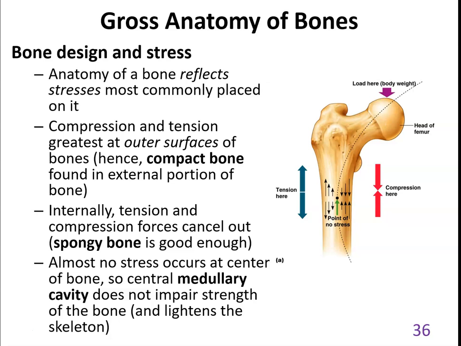But what we should see is that the anatomy of the internal spongy bone lines up with lines of compression and tension in these bones. So for example, this is a femur, and if you put all the body weight on the head of the femur, which you do whenever you stand on one foot, all of your body weight is pushing down right here.